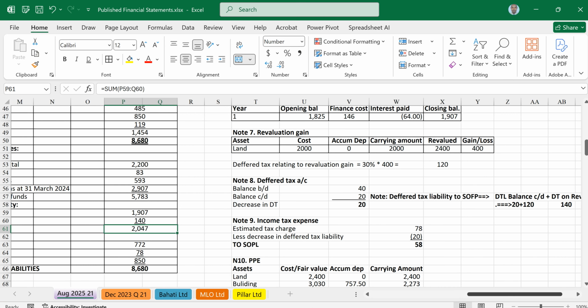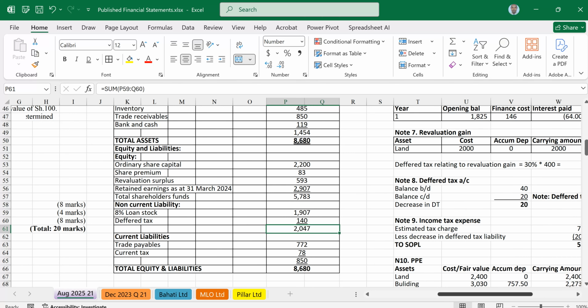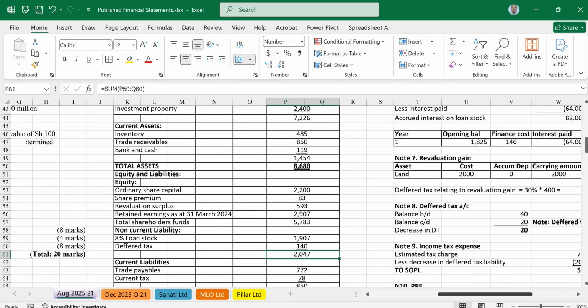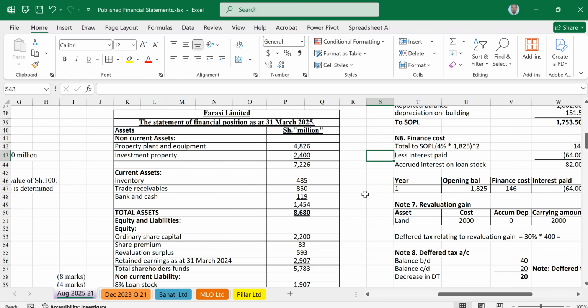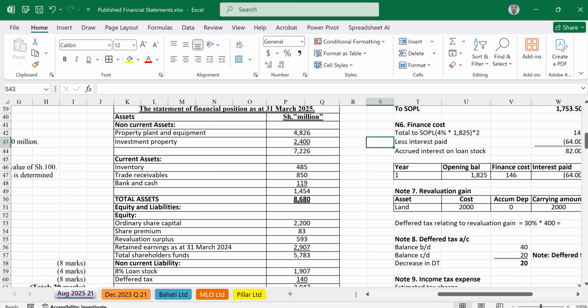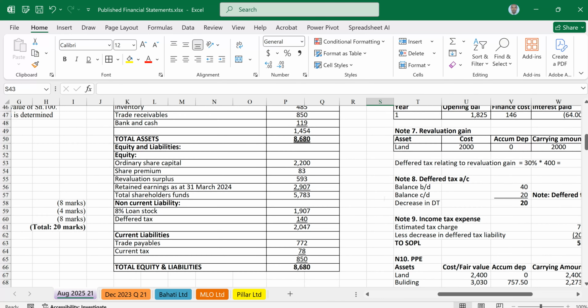There's a student who had asked which one is correct, and now this one is the one that is correct. This is the final result of the statement of financial position.